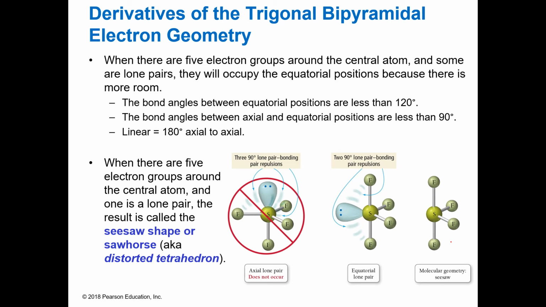If I'm talking about 5 electron groups or a trigonal bipyramidal electron geometry, if I have a lone pair, first of all, that lone pair is going to reside in the equatorial plane, and it is going to change the shape of our molecule to either seesaw, or we call it the seahorse shape. So when I have 1 lone pair, it's going to go from being trigonal bipyramidal to seesaw.